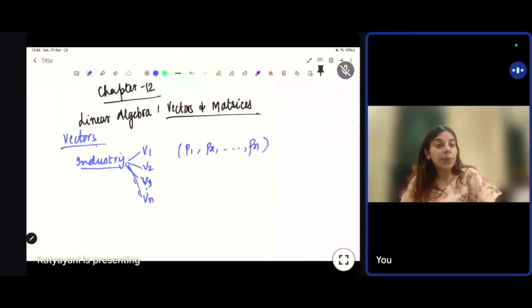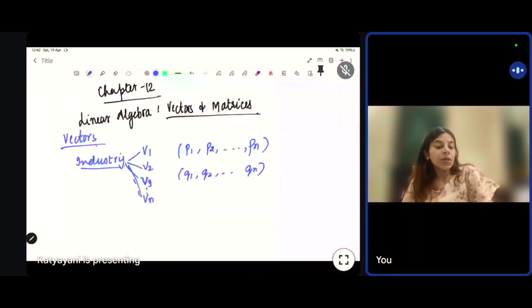इसका क्या मतलब है? That the price of the first good that you're producing in your industry, that is V1, would be P1, then price of the second good would be P2, price of the third good would be P3 and so on, and the price of the nth good would be Pn. The quantity that you're selling for each good would be, say, Q1 of the first good, Q2 of the second good, and Qn of the nth good, right?